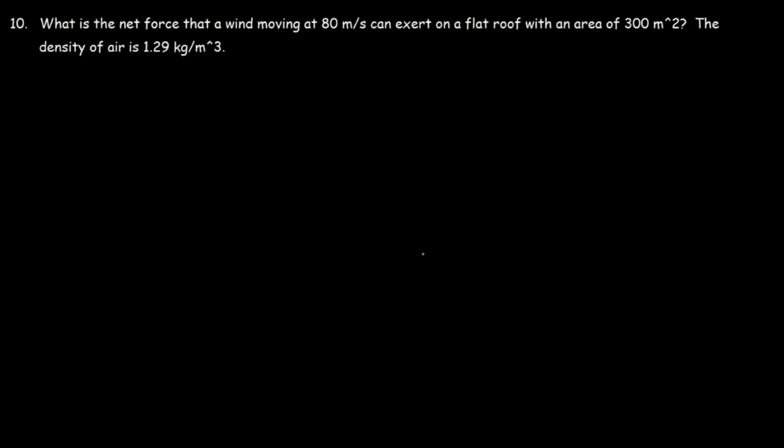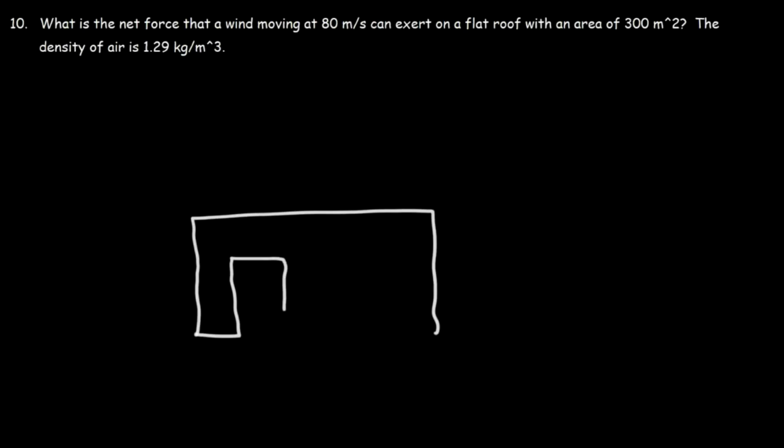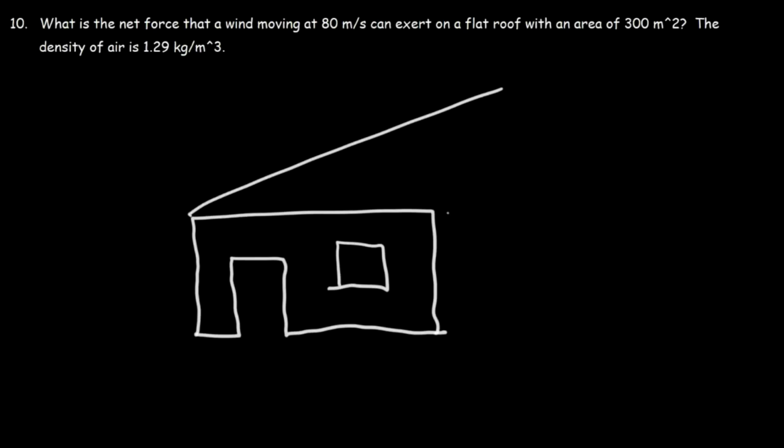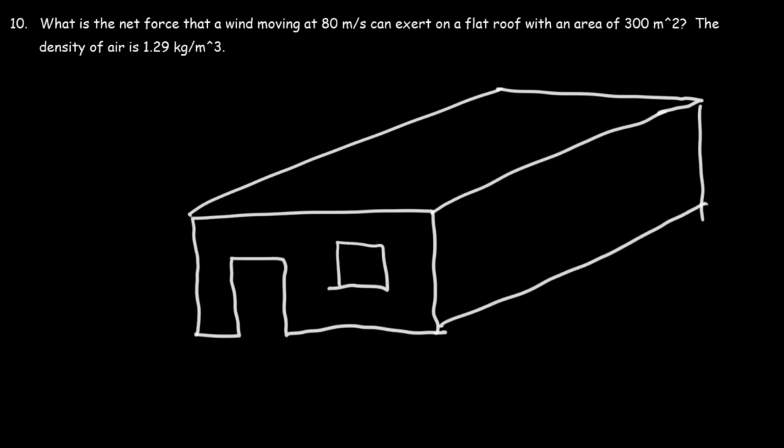So let's draw a picture, just to understand what's happening. So let's say this is someone's house. Let's say this is the window. Now let's say there's wind traveling above the house.